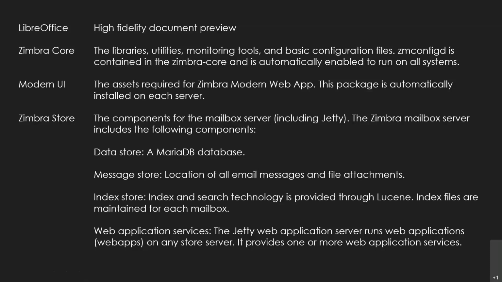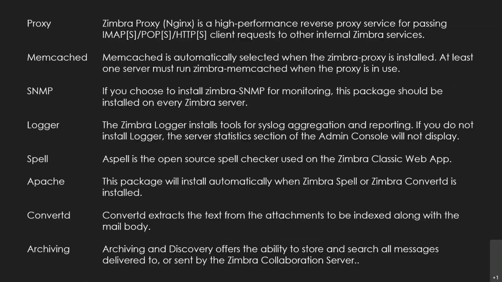And web application services. The Jetty web application server runs web applications on any store server. It provides one or more web application services. And proxy. Here we use Nginx as a proxy. Zimbra proxy is a high performance reverse proxy service for passing IMAP or IMAPS, POP3 or POP3S, and HTTP or HTTPS client requests to other internal Zimbra services.